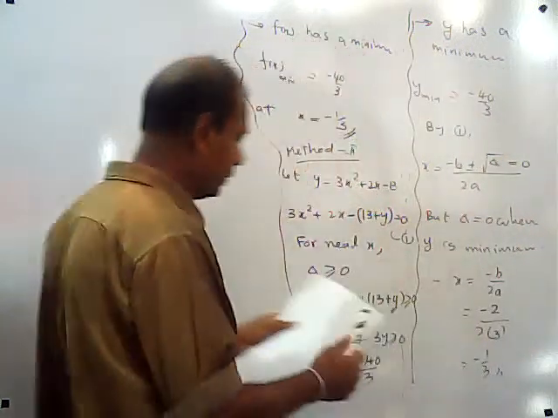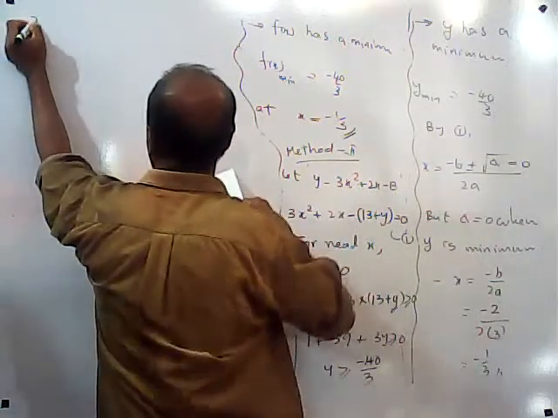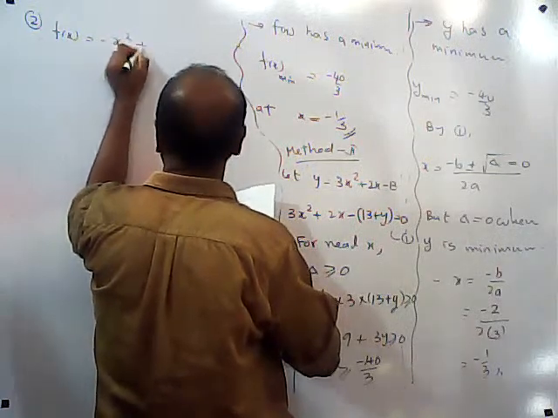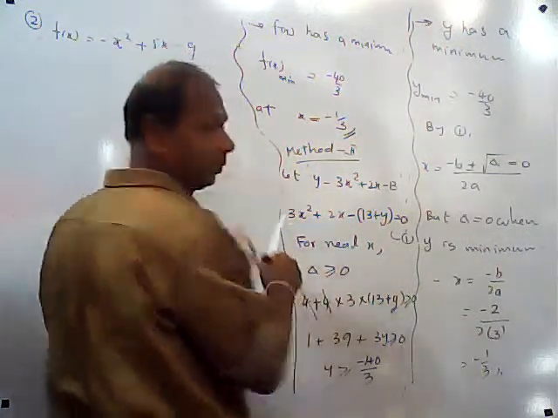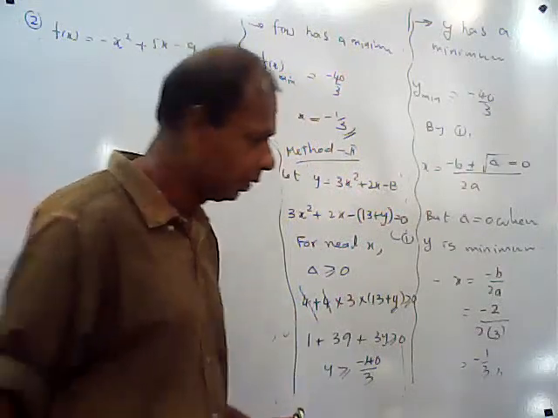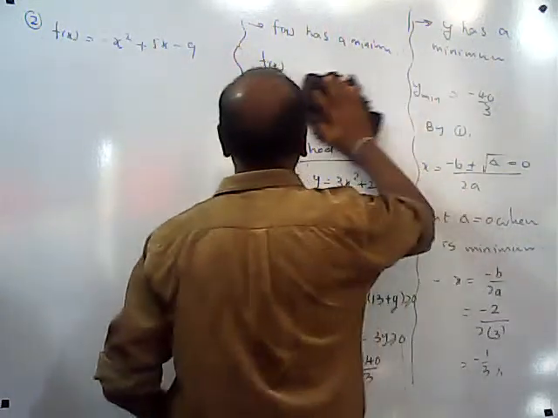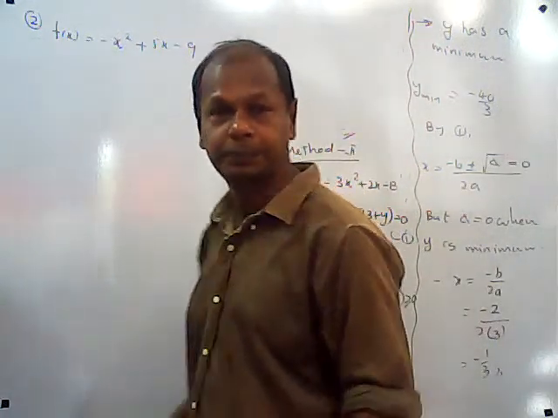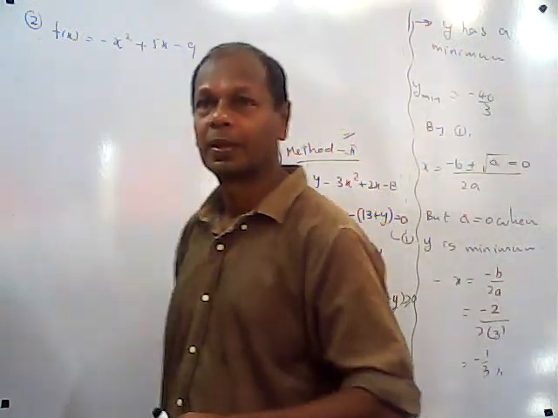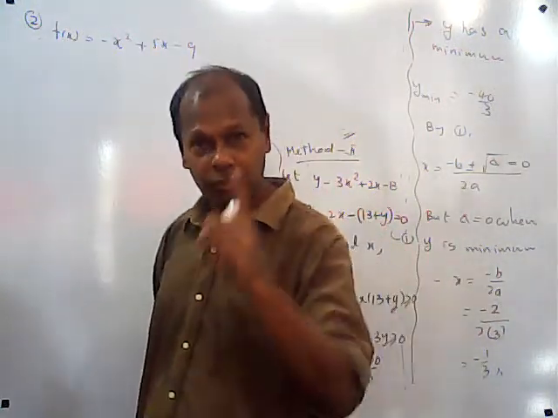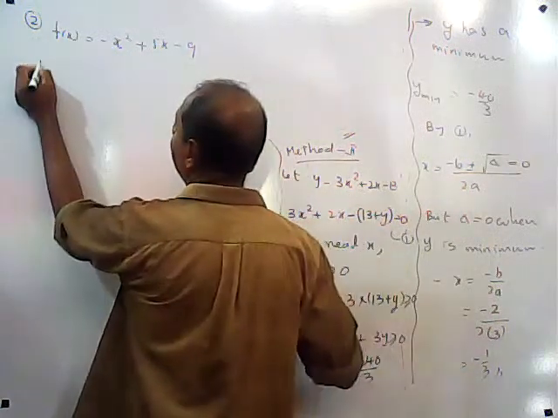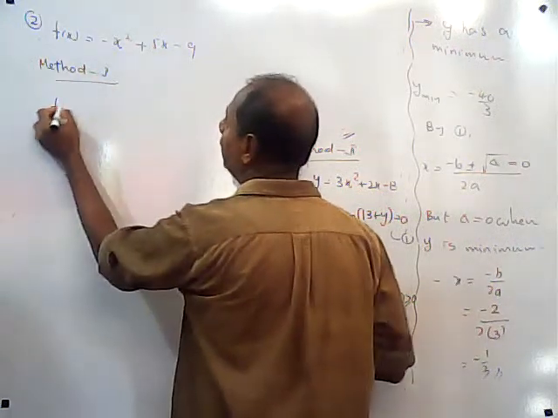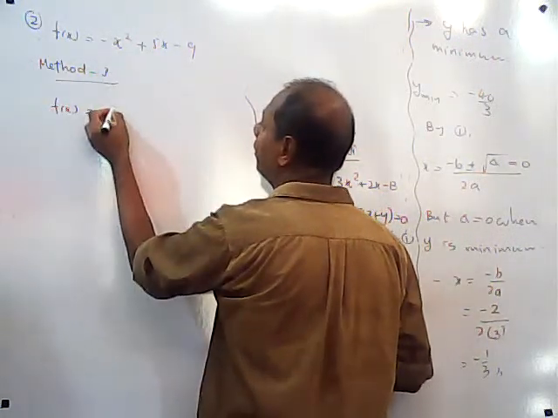So the second is f of x equals minus x squared plus 5x minus 9. Right? And the first method is by completing the square. Method 1. To complete the square, better we take minus 1 out now.